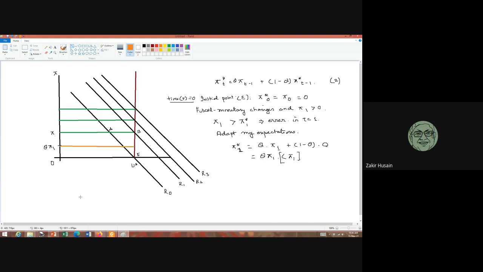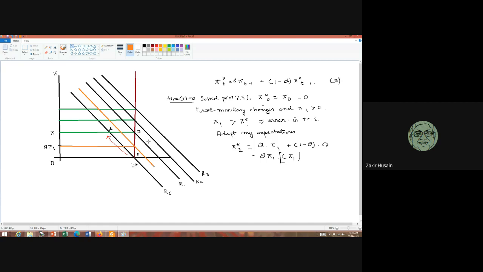Okay. So that means the actual movement will be something like this. I move from E to... okay. So the initial Phillips curve will be this one.